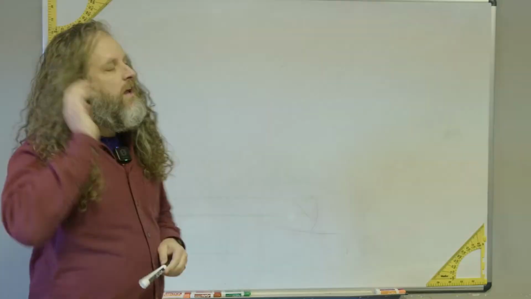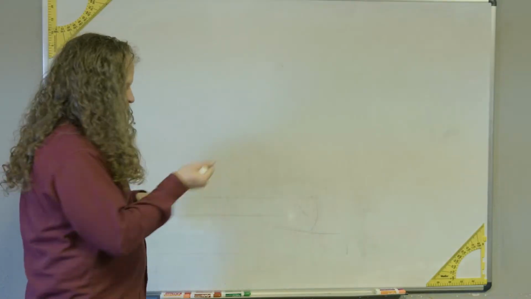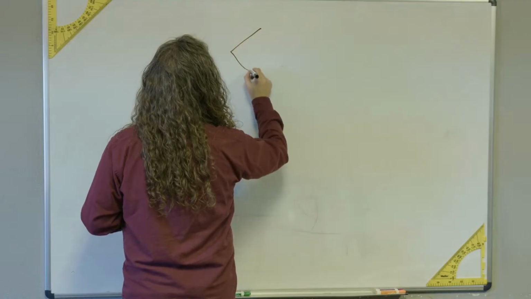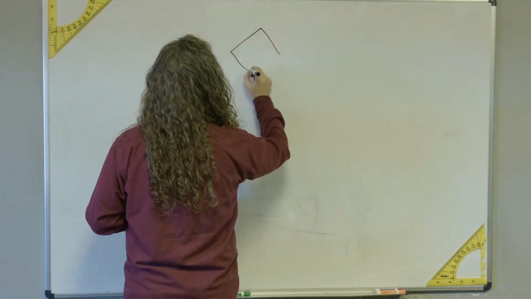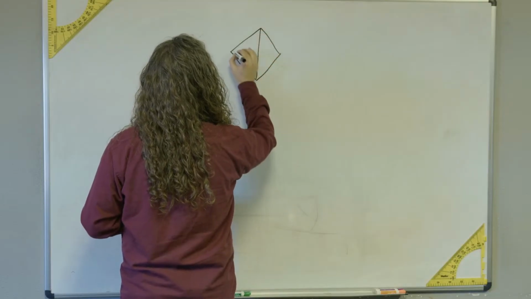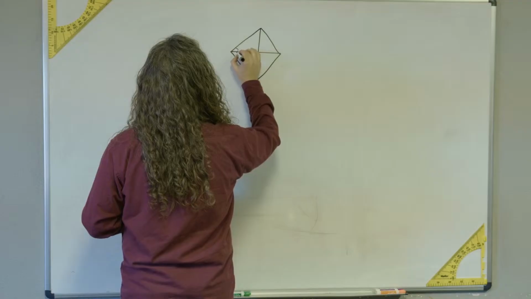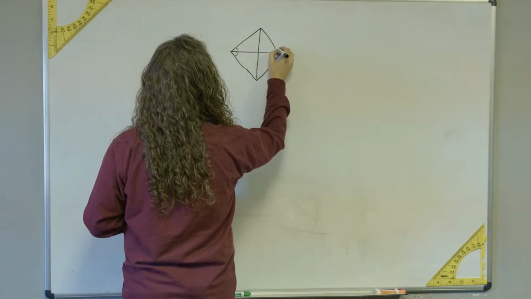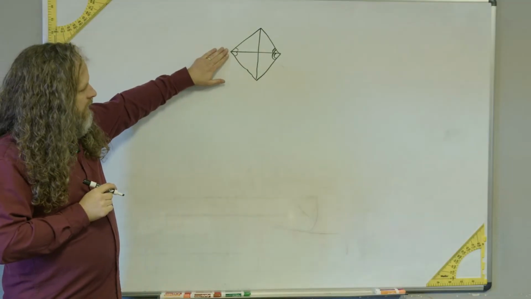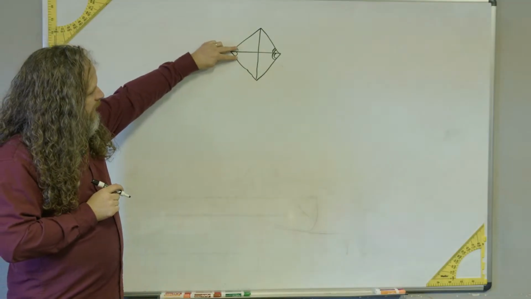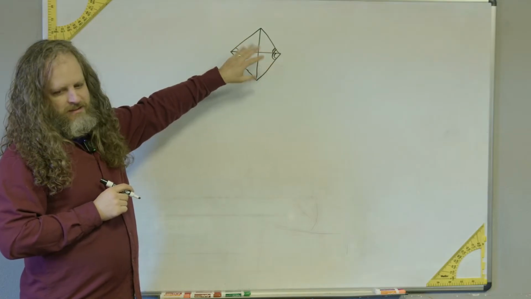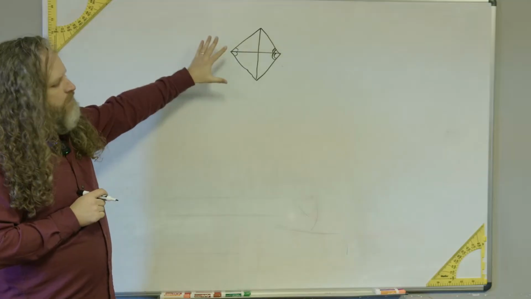If one pair of angles is bisected by a diagonal, then it's a rhombus.